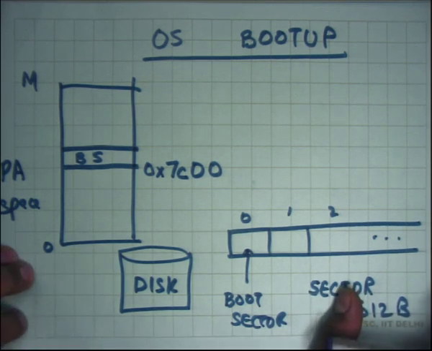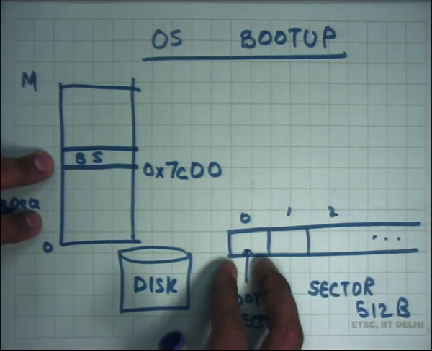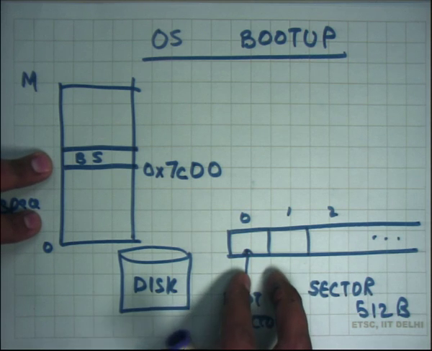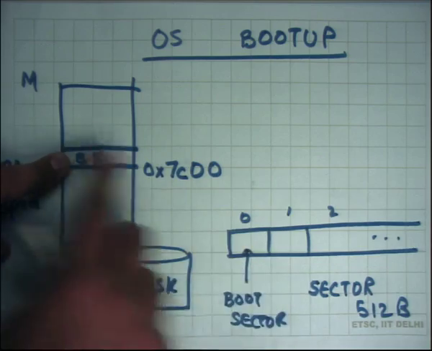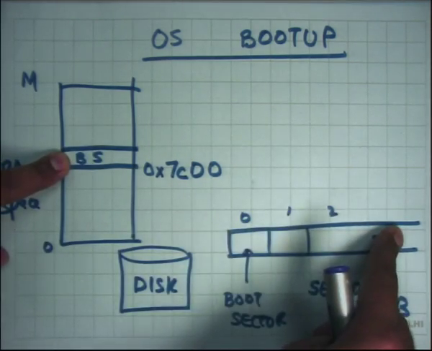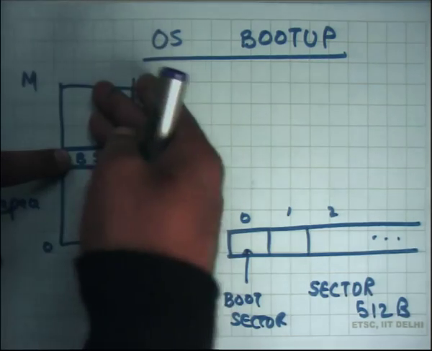So the operating system developer needs to write boot sector code that should know where the kernel lives in the disk, number one, and it should load the kernel into memory and then jump to the kernel.